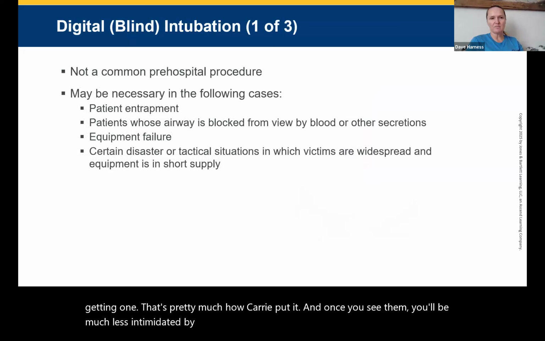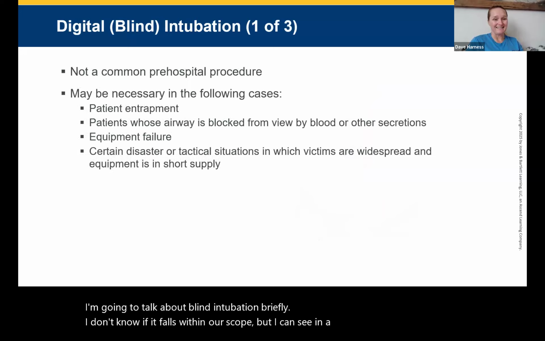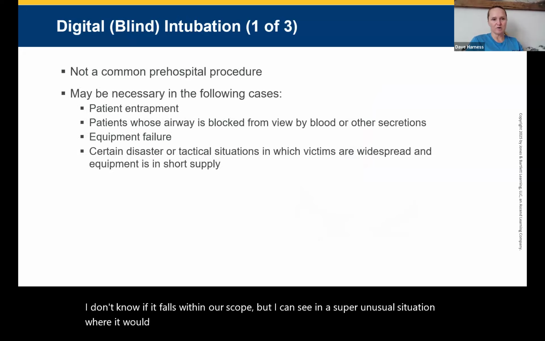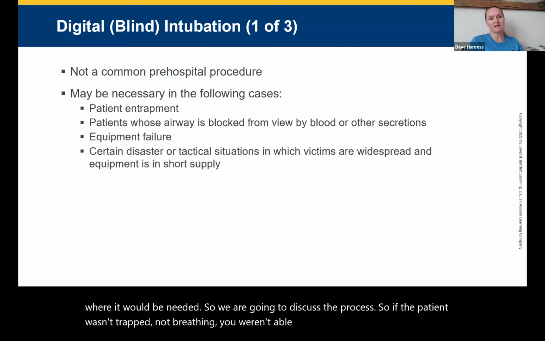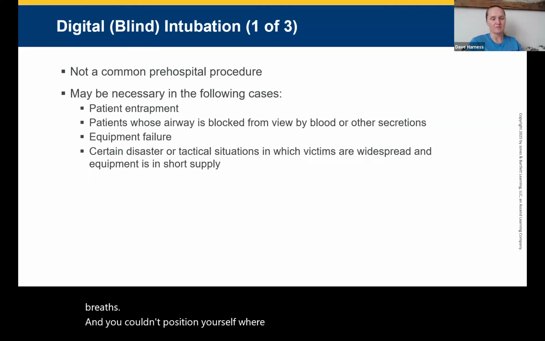I'm going to talk about blind intubation briefly. I don't know if it falls within our scope, but I can see in a super unusual situation where it would be needed. So we are going to discuss the process. If the patient was entrapped, not breathing, you weren't able to get in there to provide adequate breaths, and you couldn't position yourself, like they're still stuck in the cab of the truck.